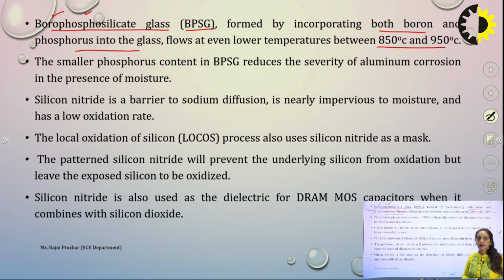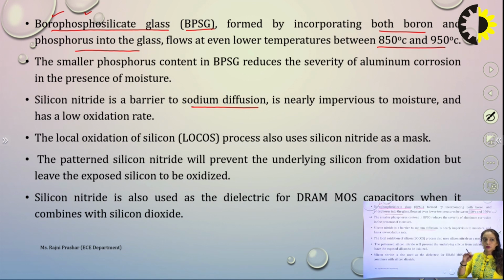Silicon nitride is sometimes used. The next material, silicon nitride, is used as a barrier for sodium diffusion. It is used mainly to block moisture, and it has a very low oxidation rate.